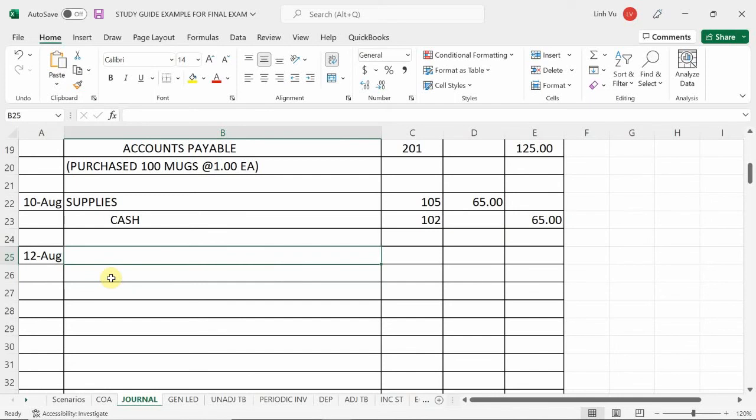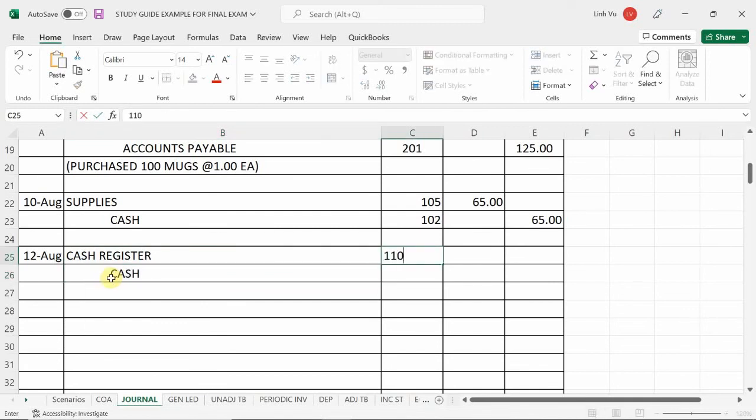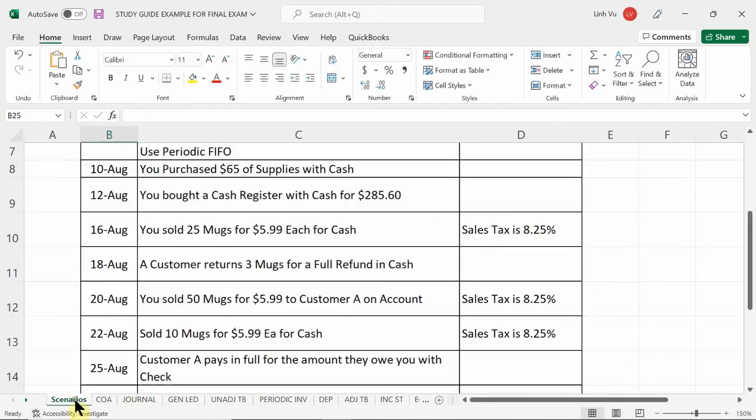We purchased a cash register and we paid with cash for $285.60, right?